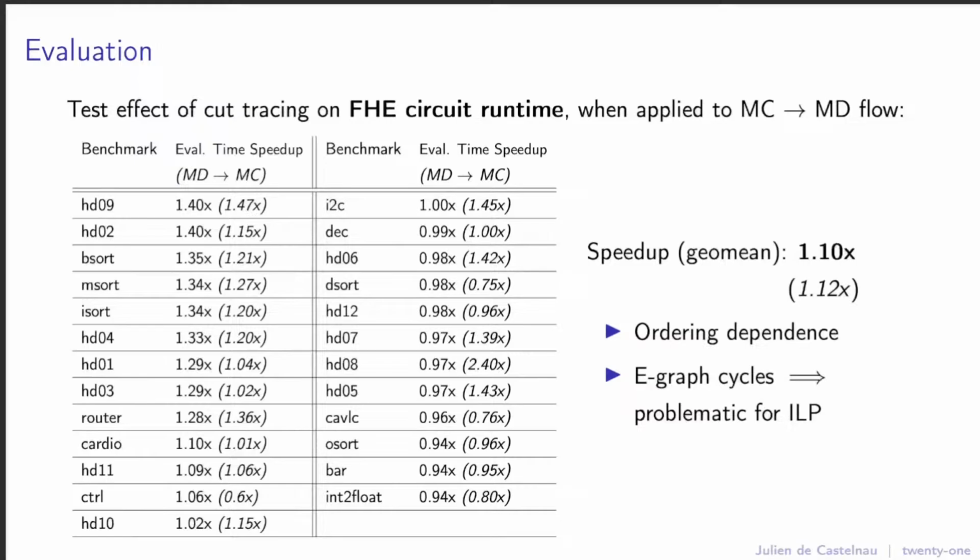But the issue that we suspect is that the extraction is still not optimal because of cycles that can be introduced, and this is a typical problem for ILP. We notice that what happens usually is that the algorithm introduces some replacement cut, which is a subgraph of the original, and so then there's a cycle that appears in the EGRAPH. This is an active area of improvement for the tool, and we're investigating how we can reduce cycles in the EGRAPH.